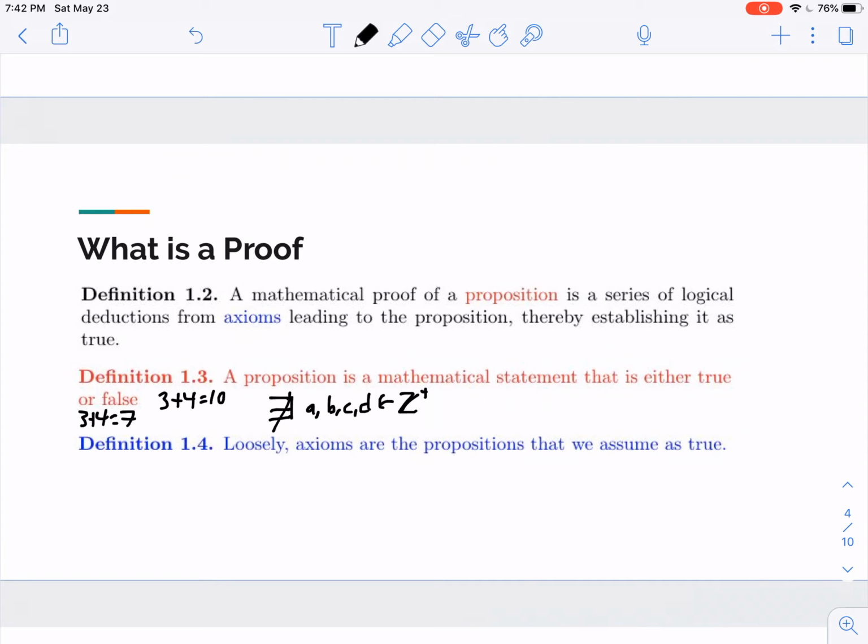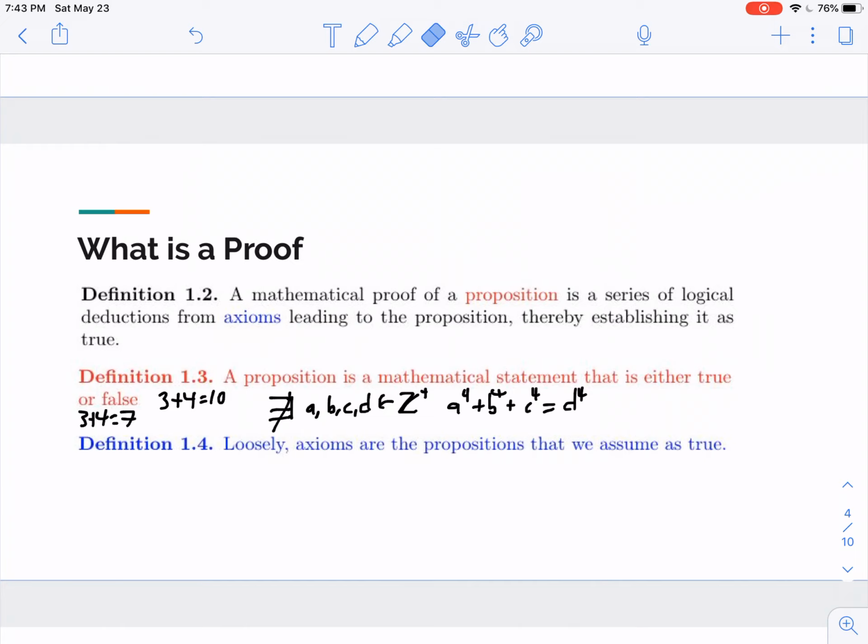So there do not exist positive integers such that a to the fourth plus b to the fourth plus c to the fourth equals d to the fourth. So overall, the proposition says there don't exist four positive integers such that a to the fourth plus b to the fourth plus c to the fourth equal d to the fourth. And this is actually proven false by Professor Noam Elkies when he found four numbers that this is true for.